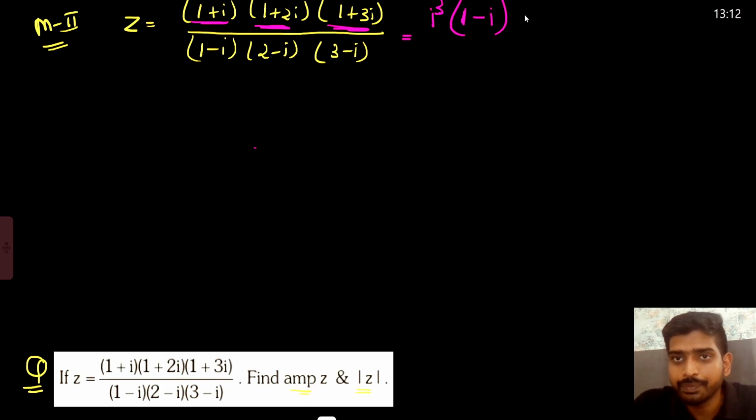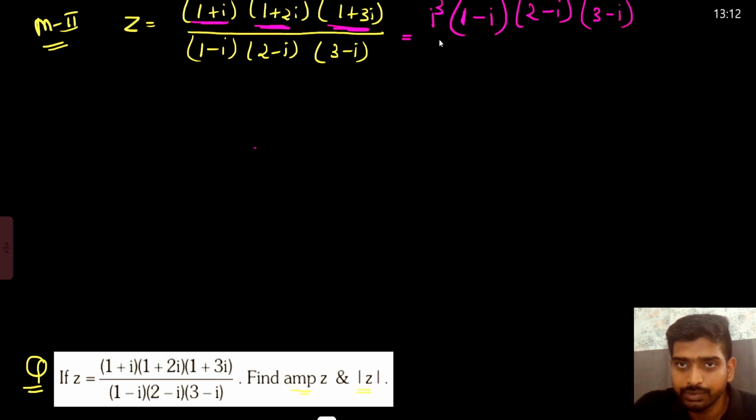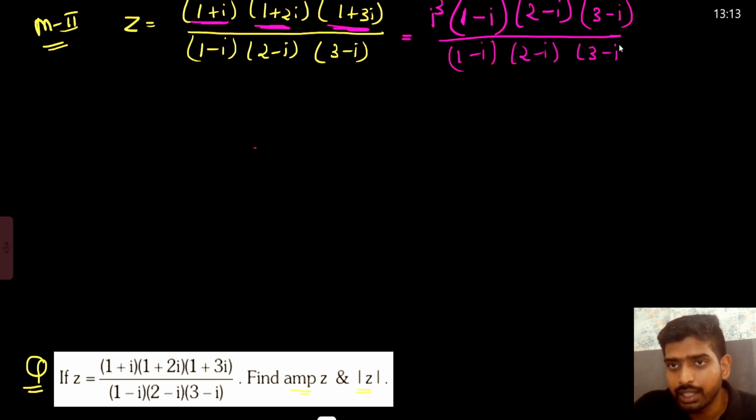Similarly, from here also we'll get 2 and 1 by iota, and 1 by iota again is minus iota. And here also, if we take iota common, we'll get 3 minus iota divided by 1 minus iota, 2 minus iota, and 3 minus iota.